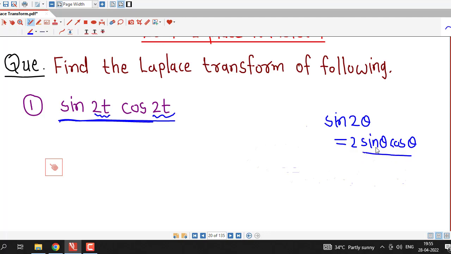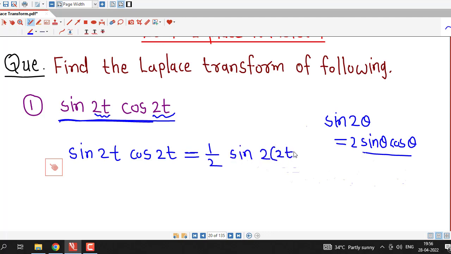Therefore sine theta into cos theta will be equal to 1/2 into sine of 2 theta. So with theta equal to 2t, we can rewrite our function: sine 2t cos 2t can be written as 1 by 2 times sine of 2 times 2t. We have to double this angle 2t, that is 2 times 2t. Therefore this is 1/2 times sine 4t.